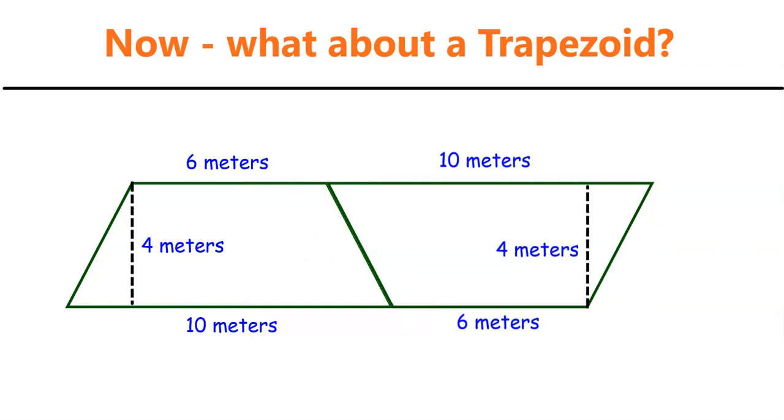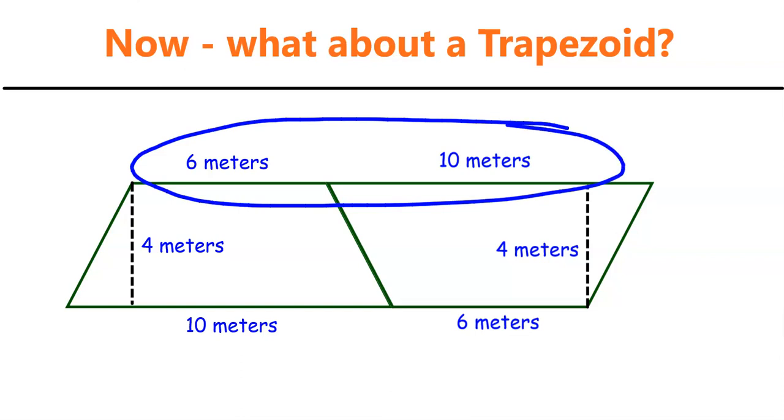And so the area formula for a parallelogram, again, is base times height. Well, the base of this parallelogram is the two bases of the trapezoid added together, and the height, of course, is the height. That's the more straightforward of the two. So to find the area of the trapezoid, we would find the area of this parallelogram and divide it by 2 because this parallelogram is made up of two identical trapezoids.